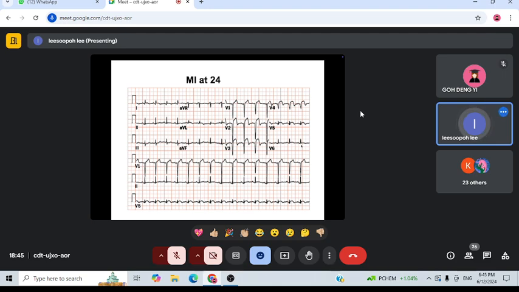So your Q wave may not be so prominent in V5 and V6, although there's already muscle injury. Just remember that it's because of the ECG orientation. The Q wave in V5 and V6 will not be so prominent, but in V2 to V4 it will be very prominent, and also in other leads like lead 2, 3 and aVF, you can see quite a prominent Q wave when there is muscle death.